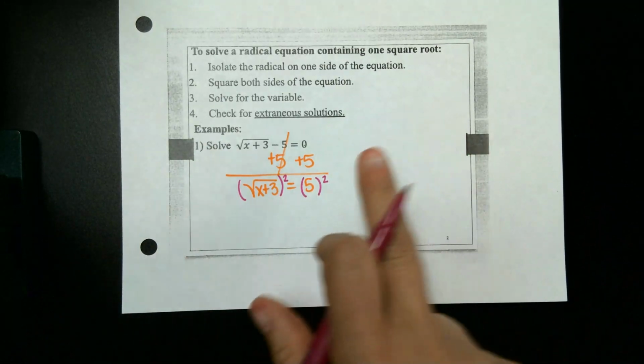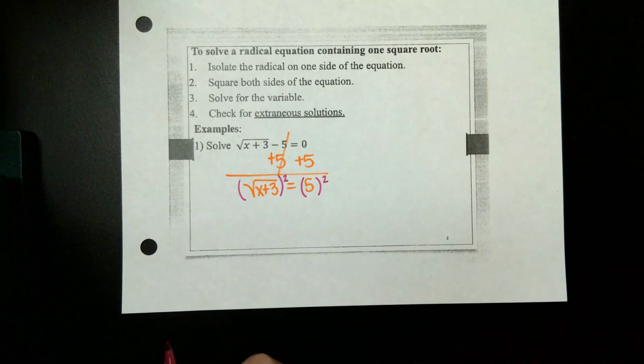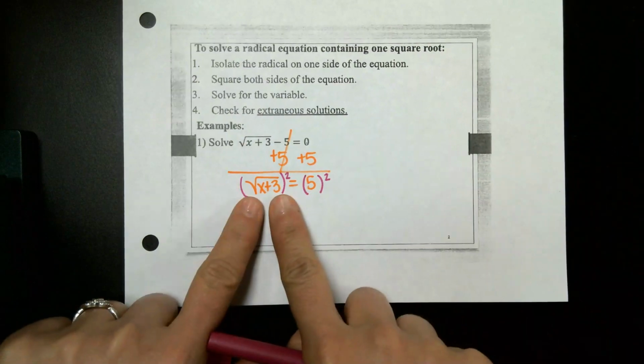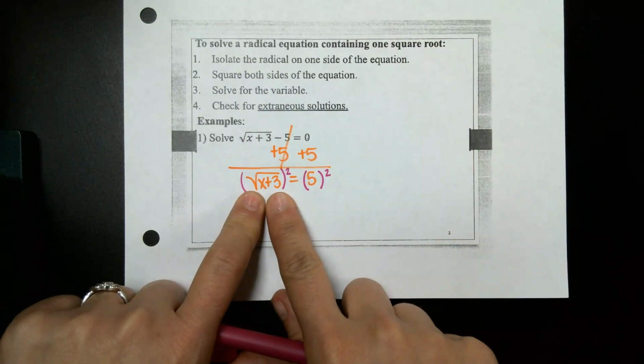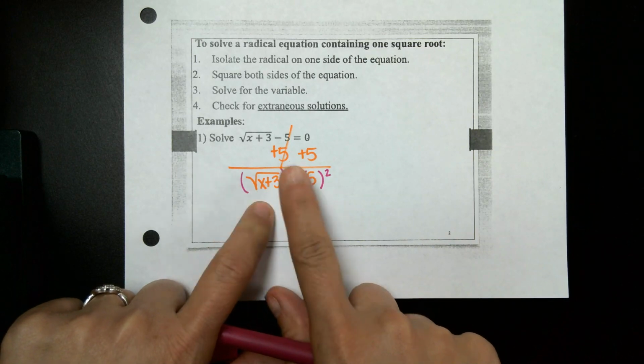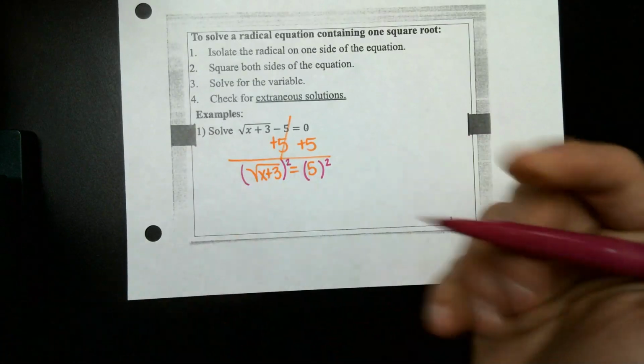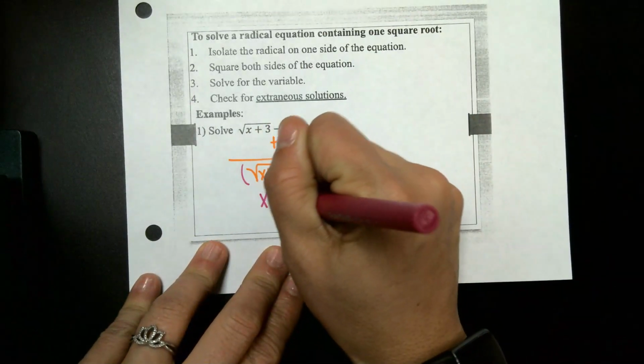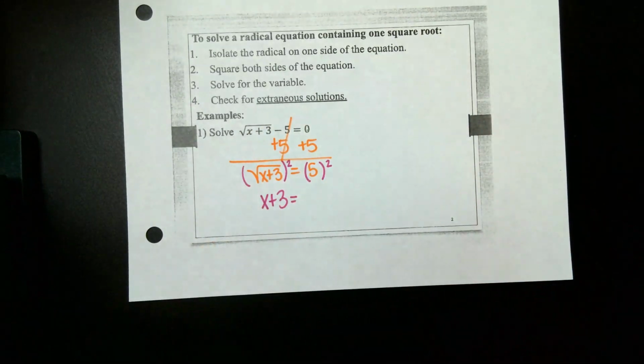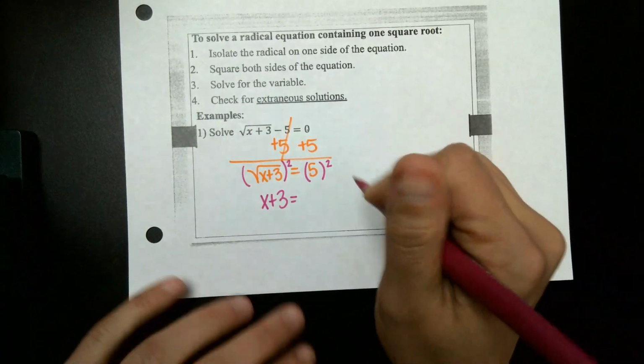So we are squaring the square root, so that symbol's gone. If you look up here, this squared cancels out the root, so this x plus 3 stays x plus 3. There's just no symbol anymore. And then you just have to do 5 squared, which is 25.